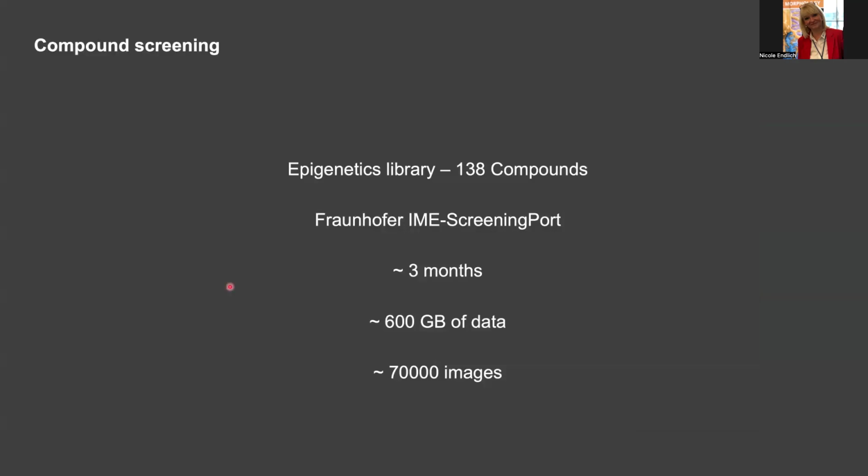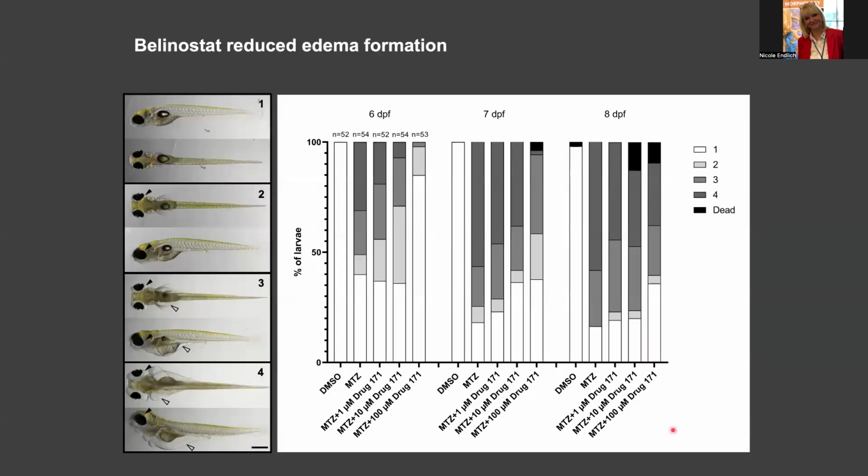After the screening of an epigenetic library with 138 compounds, in cooperation with the Fraunhofer Institute in Hamburg, we had 3 months of time for this. We then identified a specific drug, named belinostat.